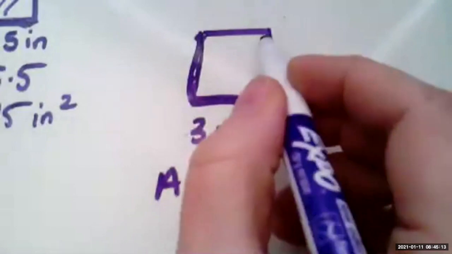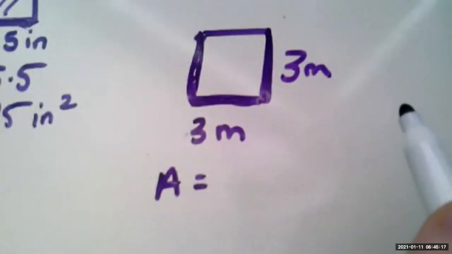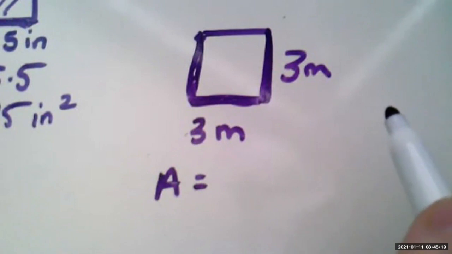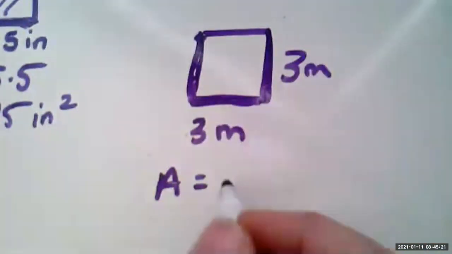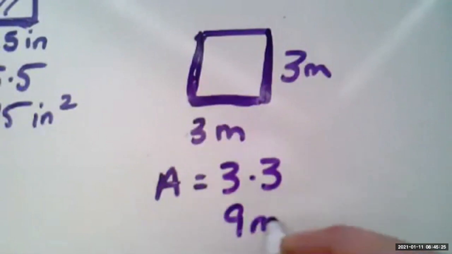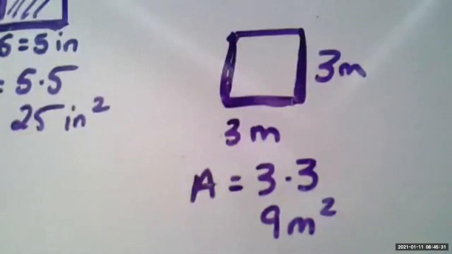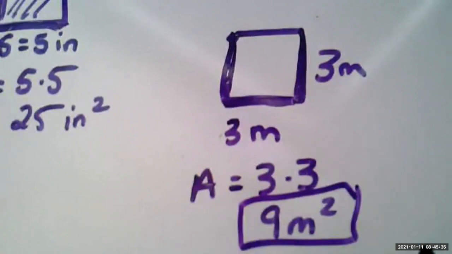You have this side times this side. Yes, there you go. Good job. Of course, 3 times 3 would be 9, and then you would say 9 meters squared to give it the proper label measurement.